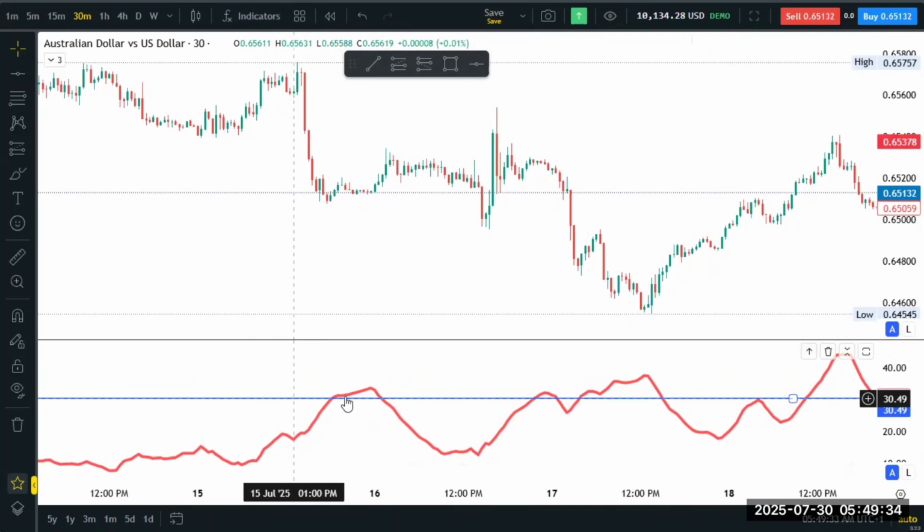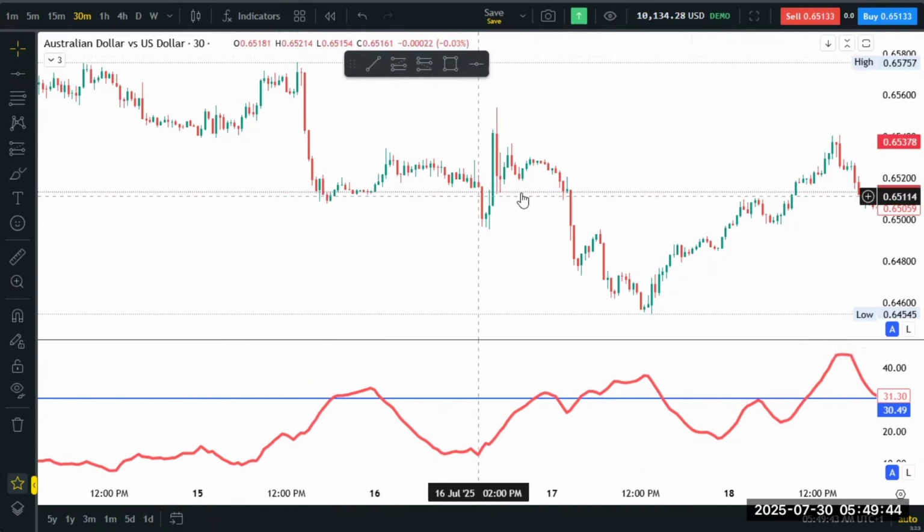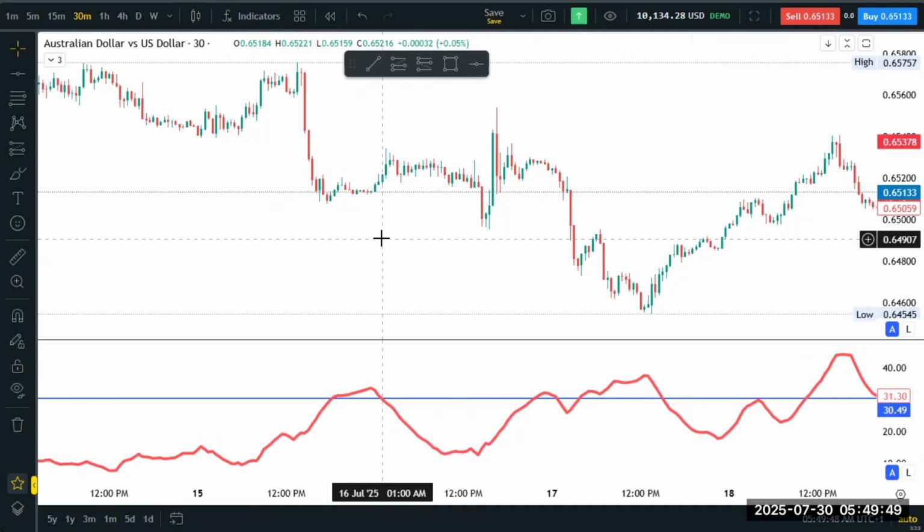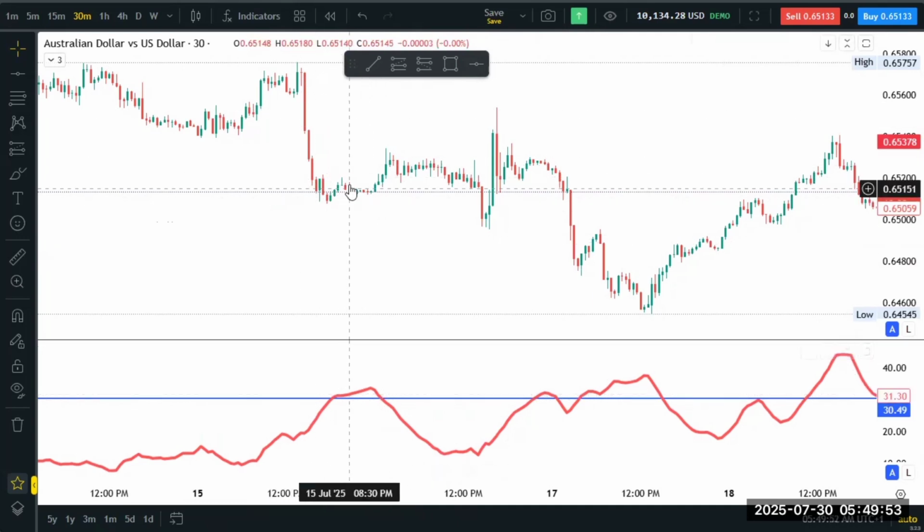What they are telling you is anytime the price goes above the 30, it means that the trend of the market is very strong. So if we are in a downtrend, it means the trend is very strong. And you can agree with me that at this particular level, price passed the 30th mark.